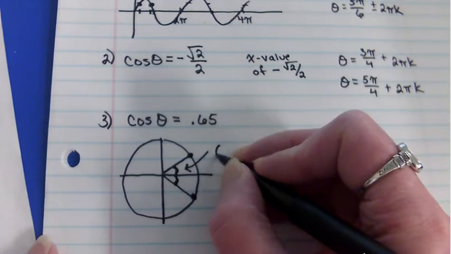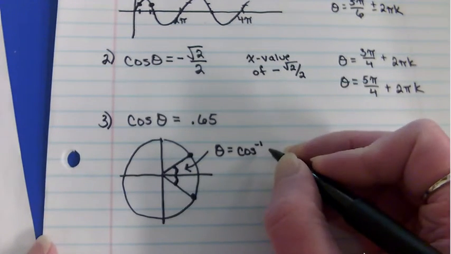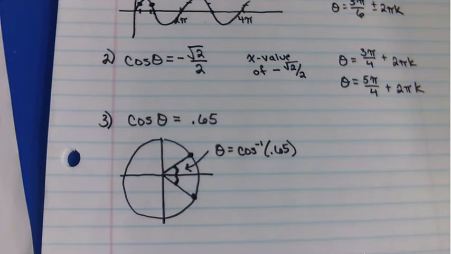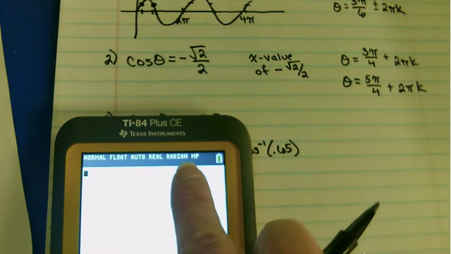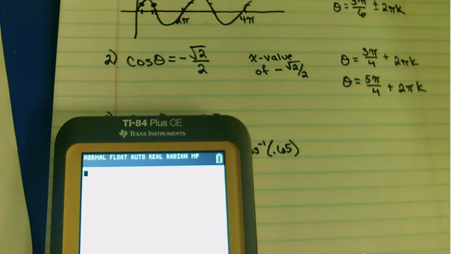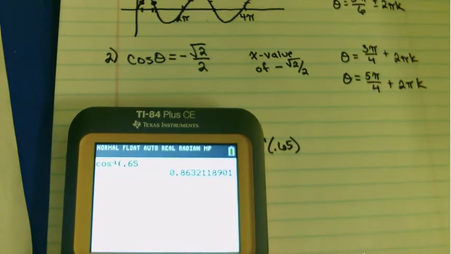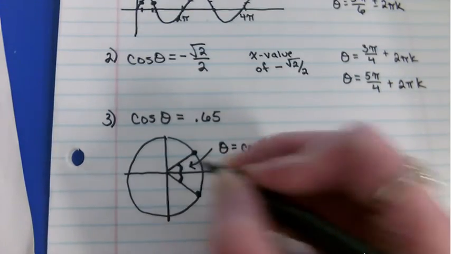That angle can be found by doing the inverse cosine of 0.65. And I'm going to use the TI. Here it is. But you could also do the second or shift cosine in the NumWorks app if you wanted to. Now make sure we are in radians. Second cosine, 0.65, gives me an angle of 0.86. So this angle is 0.86 big.